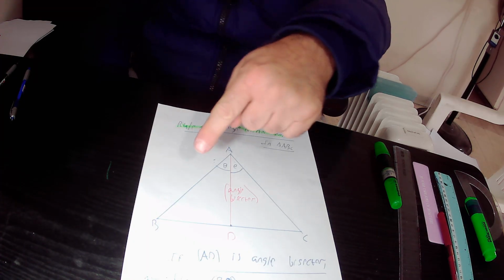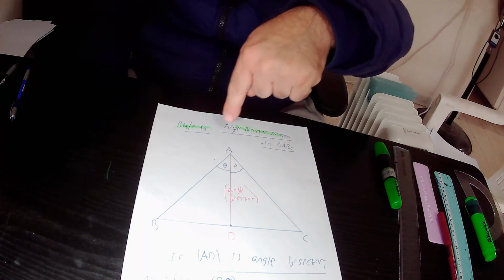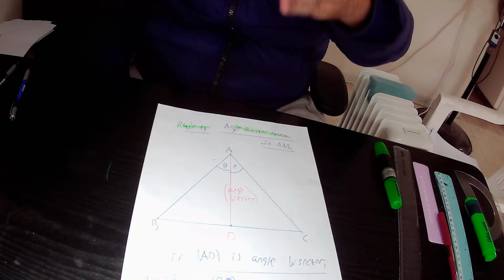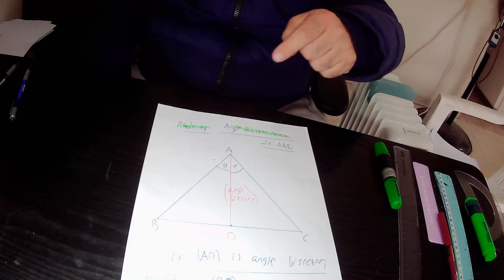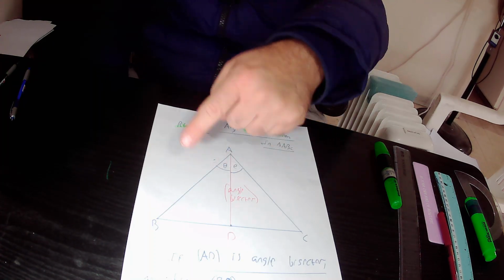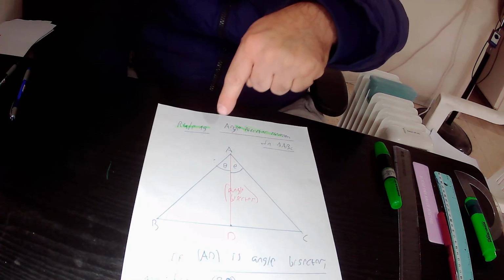That is to say, DB over DC equals AB over AC.